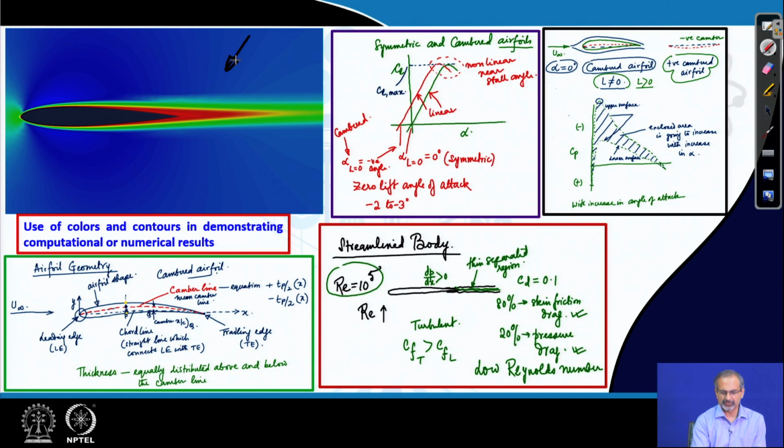we have a set of colors or contours which are shown in this figure. You can see deep blue color some distance away from an airfoil section. So, this is your airfoil section, and then as you come closer to the airfoil, you find that the colors are changing.